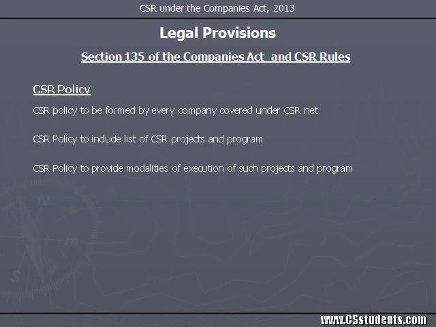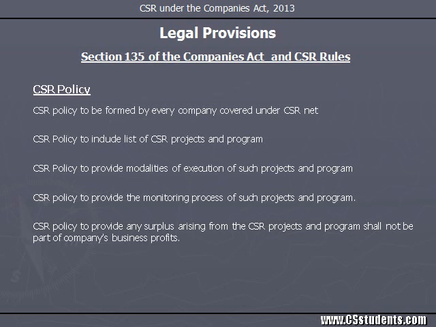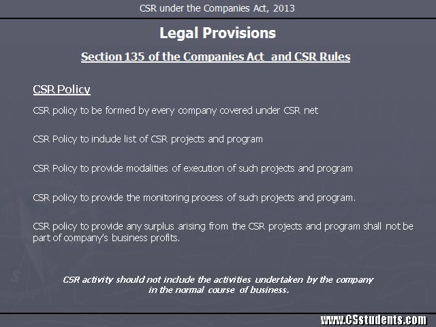The policy shall also provide the monitoring process of such projects and programs. Further, the CSR policy should clearly provide that any surplus arising from the CSR projects and programs shall not be part of the company's business profits. However, any CSR activity should not include the activities undertaken by the company in the normal course of business.